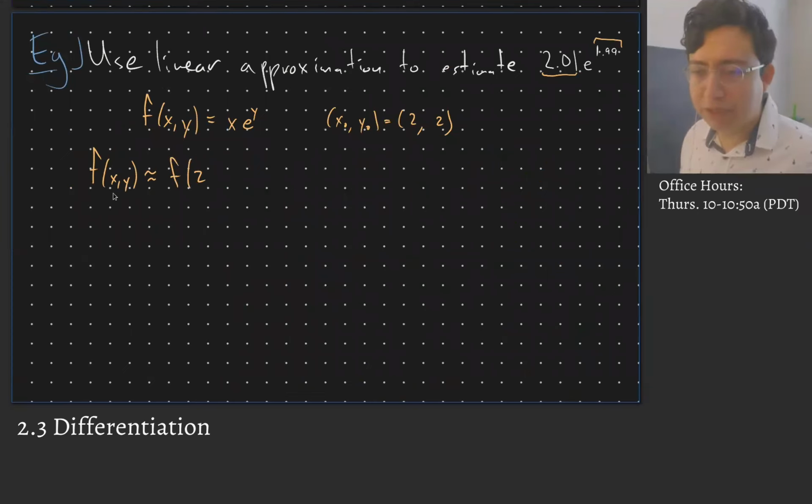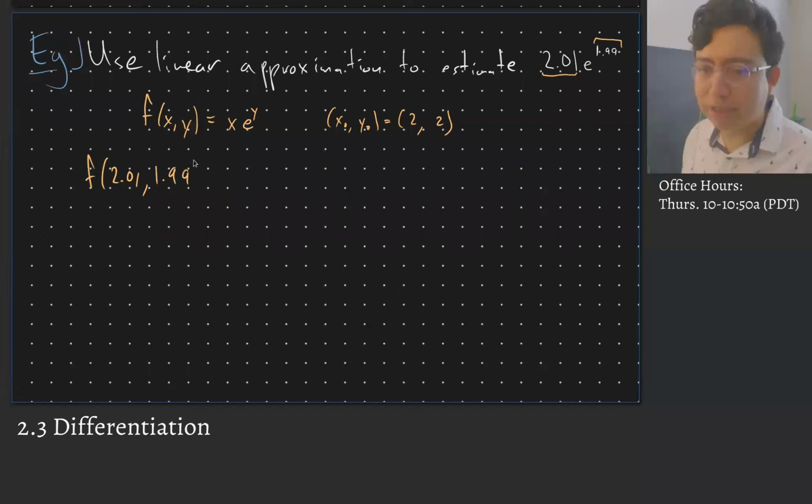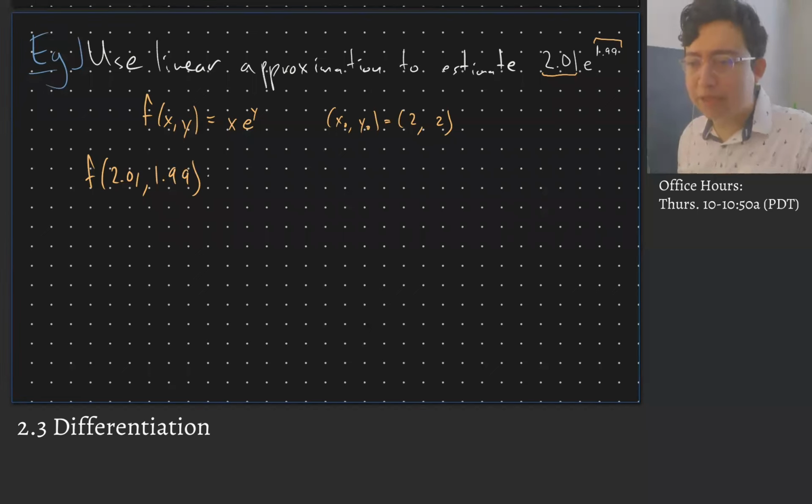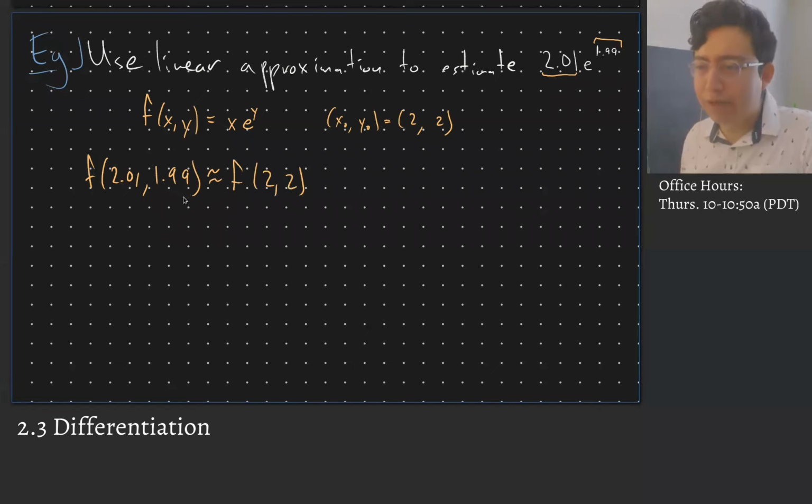Or I should be even more precise. Instead of saying f of x y, I should say the thing I'm trying to compute is f of 2.01 comma 1.99. This is the thing I'm trying to compute, and this is approximately f of 2 comma 2. So far this makes sense, right?